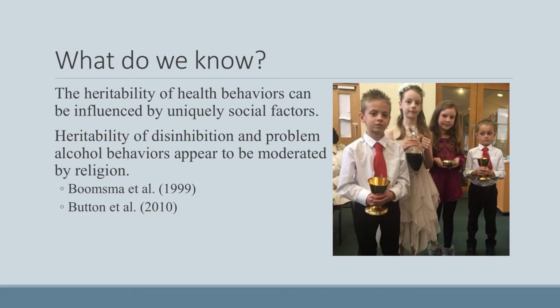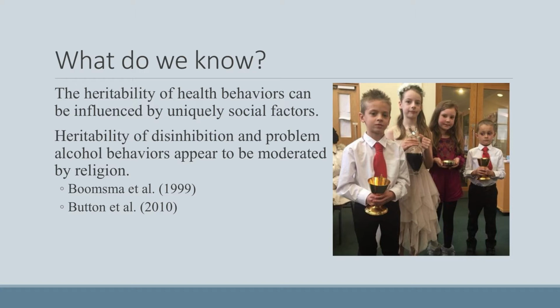So first, what do we know? We know that the heritability of health behaviors can be influenced by uniquely social factors. So the social environment shapes the effectiveness or power of your genetic predispositions towards behaviors such as drinking.